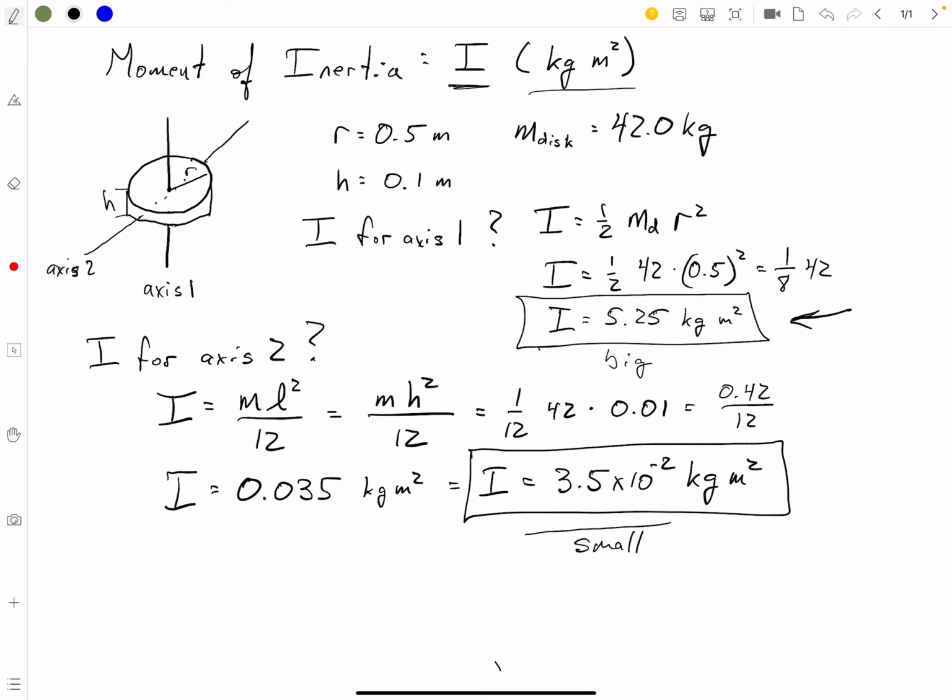And if we were to spin it like a coin on a desk, so you hit it with your finger and it spins around like a top for a while, that would be axis number 2, and its moment of inertia is much smaller. Okay? So those are our two moments of inertia for a disk.